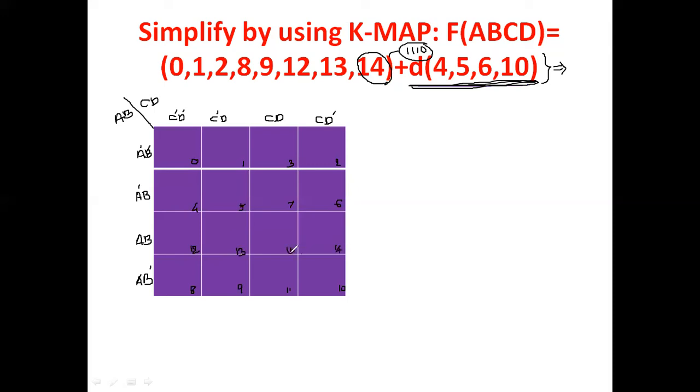You know the reason. The Karnaugh maps are designed by using the gray code.